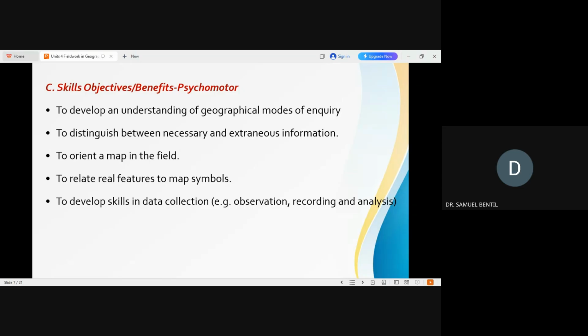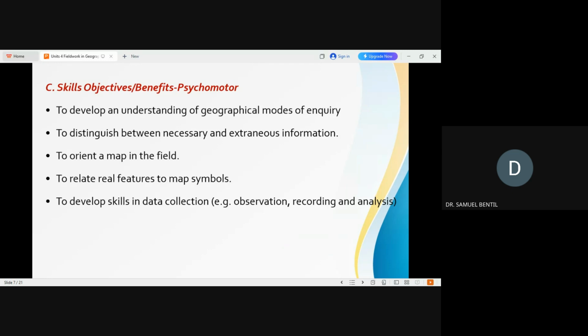It also develops skills in data collection, like observational, recording, analysis, and all forms of skills in data collection that learners acquire through fieldwork. And know that when it comes to psychomotor skills, we are talking about the skills that enable the learners to engage in crafts, those motor skills into physical tasks.